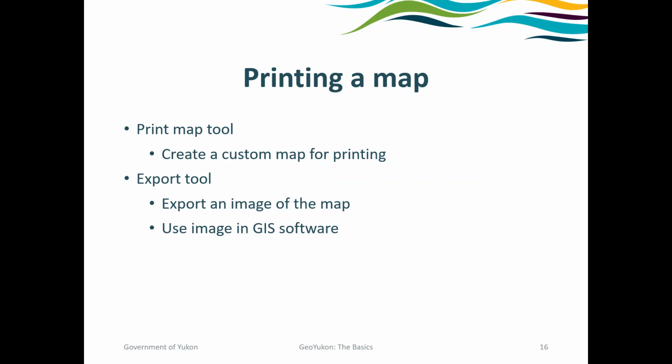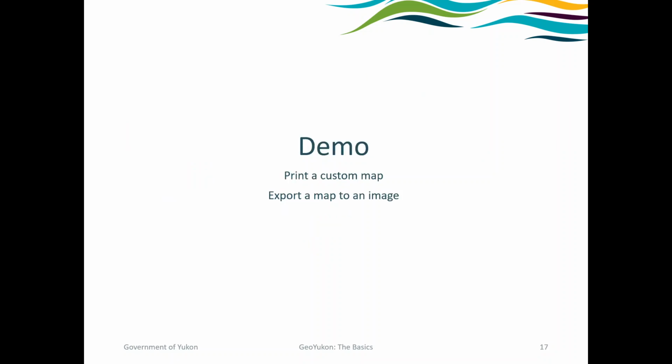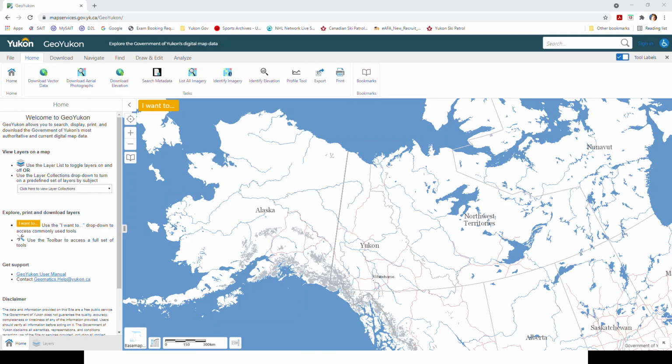There's a print map tool, and that allows users to create a custom map in their chosen size, or you can export just an image of the map without the layout, and you can use this image in a GIS software. So what I'm going to demonstrate is printing a custom map and exporting a map to an image.